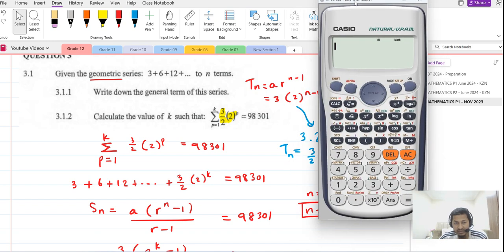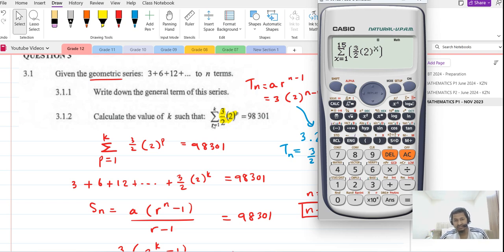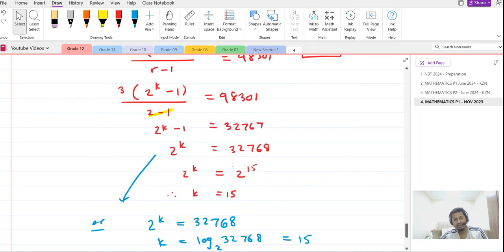So we can say sigma, shift sigma and put x equals 1 to 15 of, remember, 3 over 2 into 2 to the power x, right? Because the value of k, I just changed the value of k, and see what I get. I get 98301.